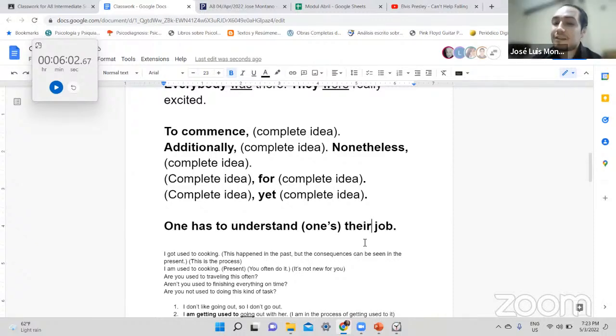So again, that's it. Instead of "his," Pearson says something, but you have other books and other information. Try to do it in this way: one, as "uno," has to understand their job. Usually, because of the books I've read and information that I've got, they use this.